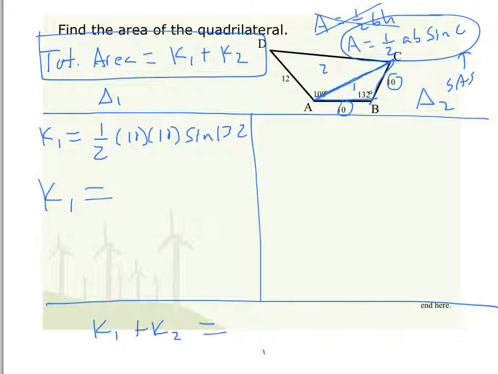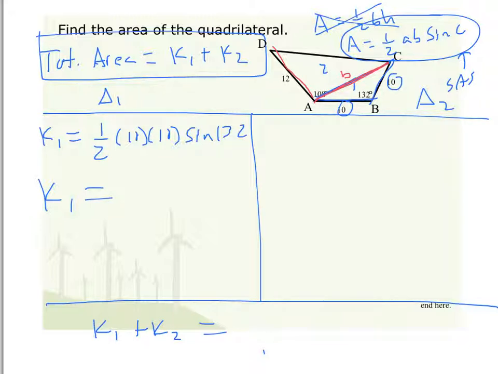Here's what I know about triangle number 2. I know that this side right here, AD, is 12. That's about all I know. My guess is that it's going to be best to try to use this info right here to get the side angle side.